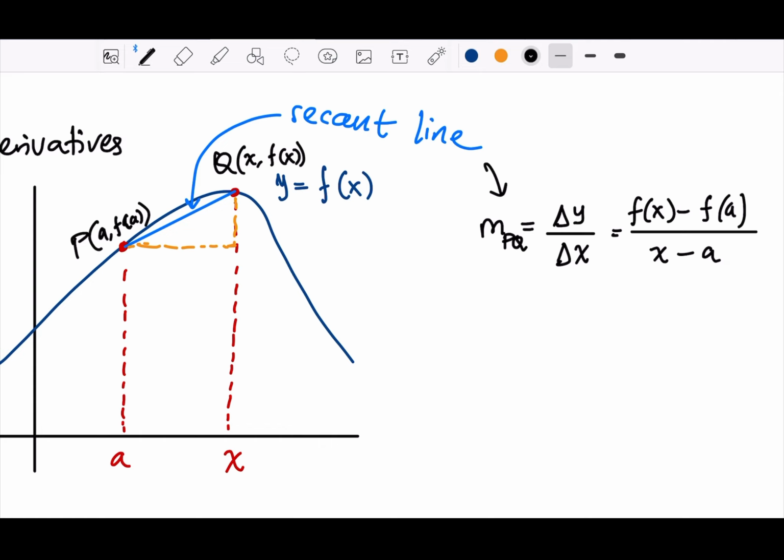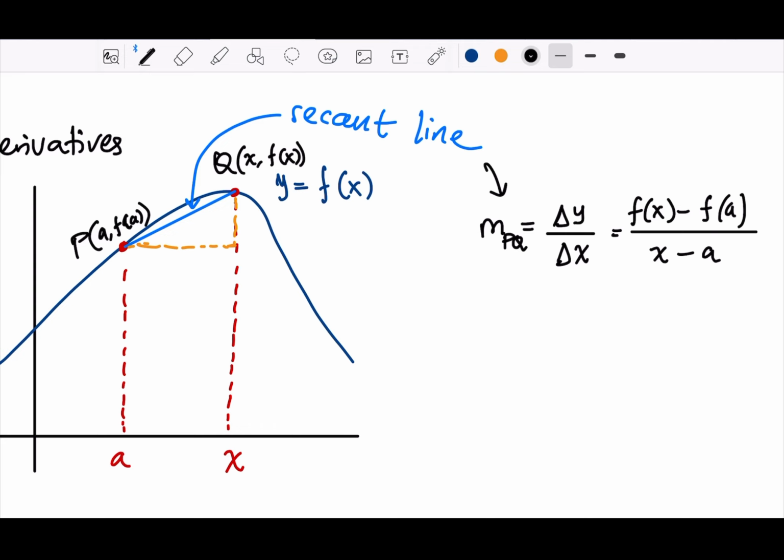Now this point Q, we can move freely, so you can imagine it can be anywhere on this curve. Now imagine this Q is getting closer and closer to this point P. We know from the very concept of limit that getting closer is the limit.